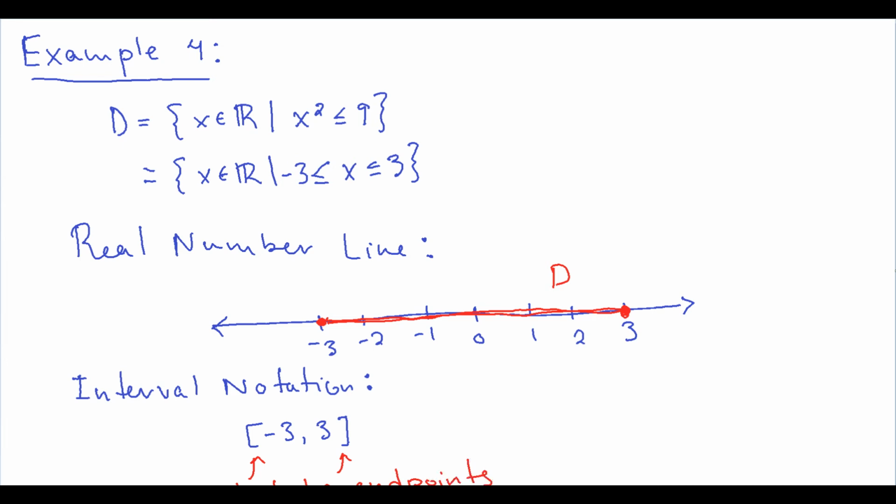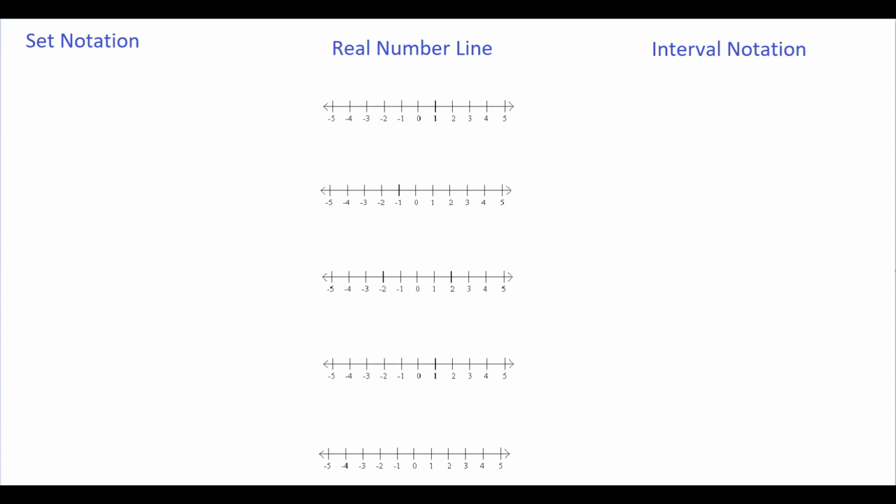So I'm going to give you a couple more examples using all 3 of these different ways of representing sets, and that is the last thing that we're going to do. So, for example, if in set notation I wrote down the set X in R such that 0 is less than or equal to X is less than or equal to 2, on the real number line, I can draw that with a closed dot at 0 and a closed dot at 2, and I would connect those.